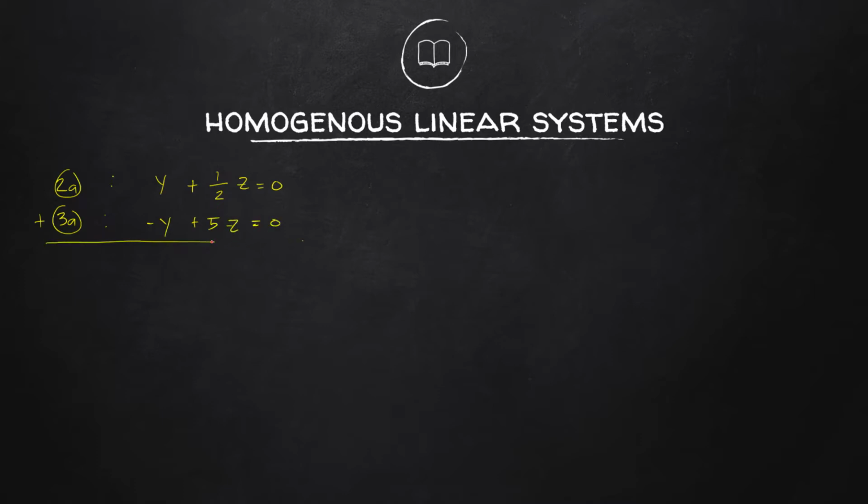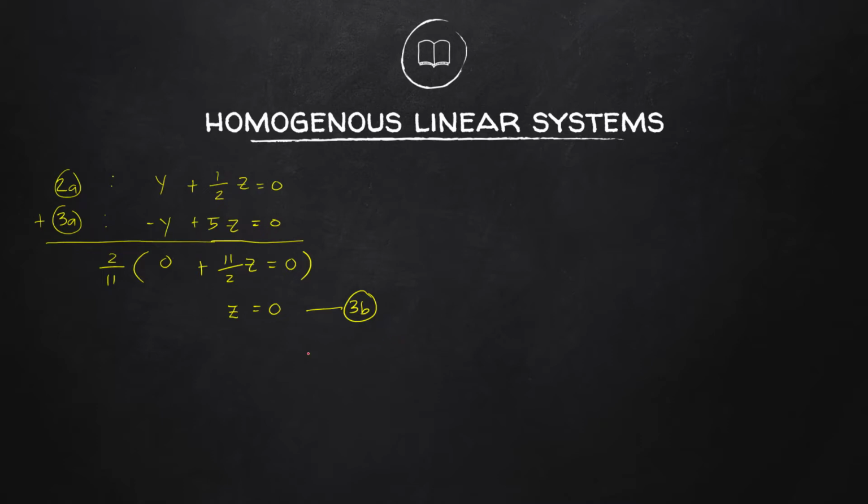Adding these two equations together, we have 0 plus 11 over 2 z, and that is equal to 0. Let's try to multiply this by 2/11 to get rid of the coefficient of the variable z, and that would be z equal to 0. We have obtained your value for z. We can call this equation 3b, the second modification for the third equation.